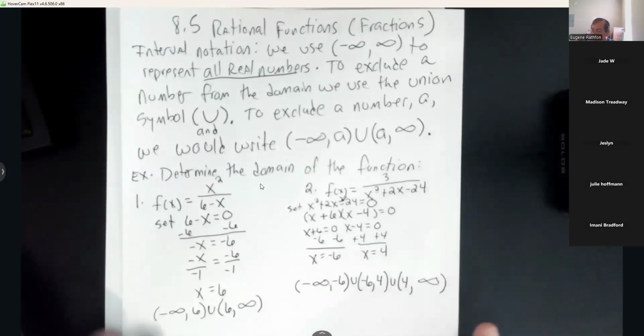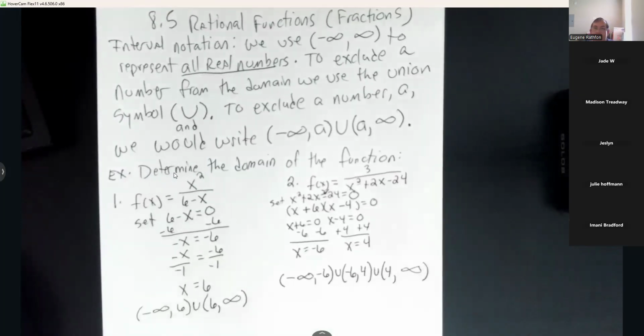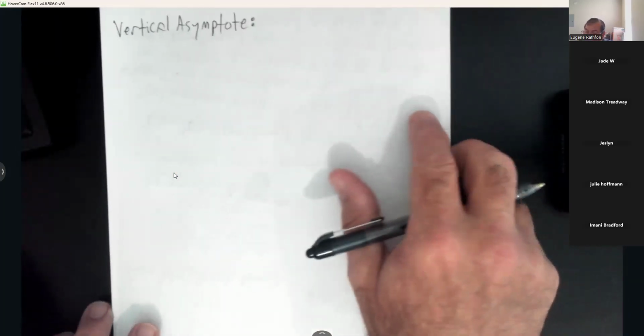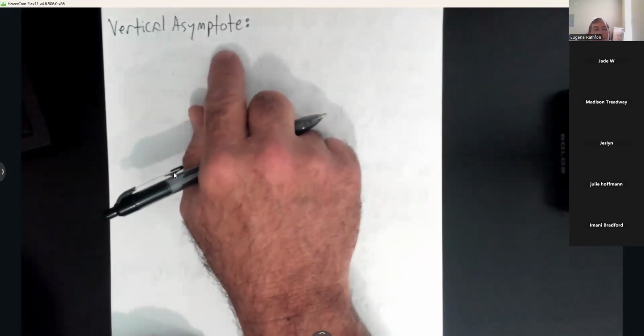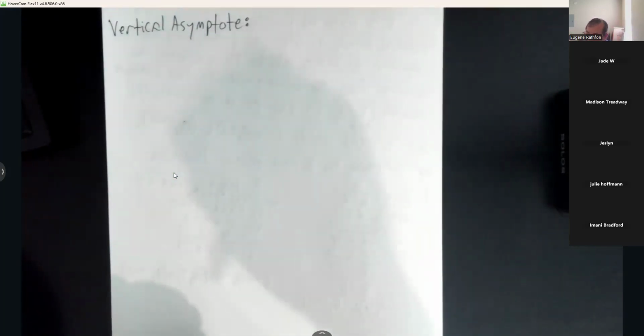Okay, so y'all need to write this still. And then really this is the main thing we'll be doing in this section is learning about asymptotes and then looking at sort of how to graph these rational functions, okay?